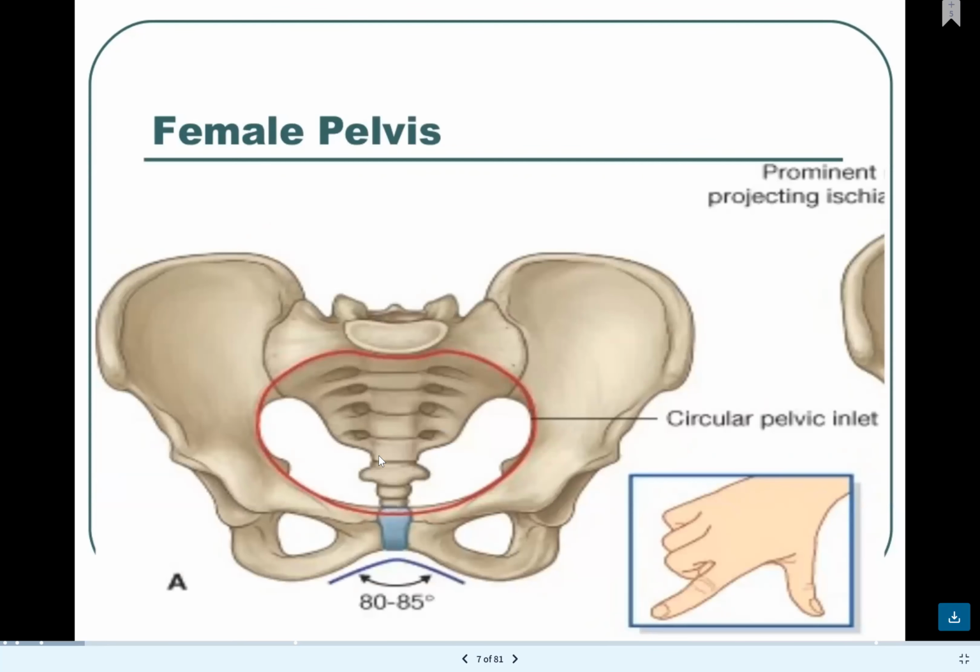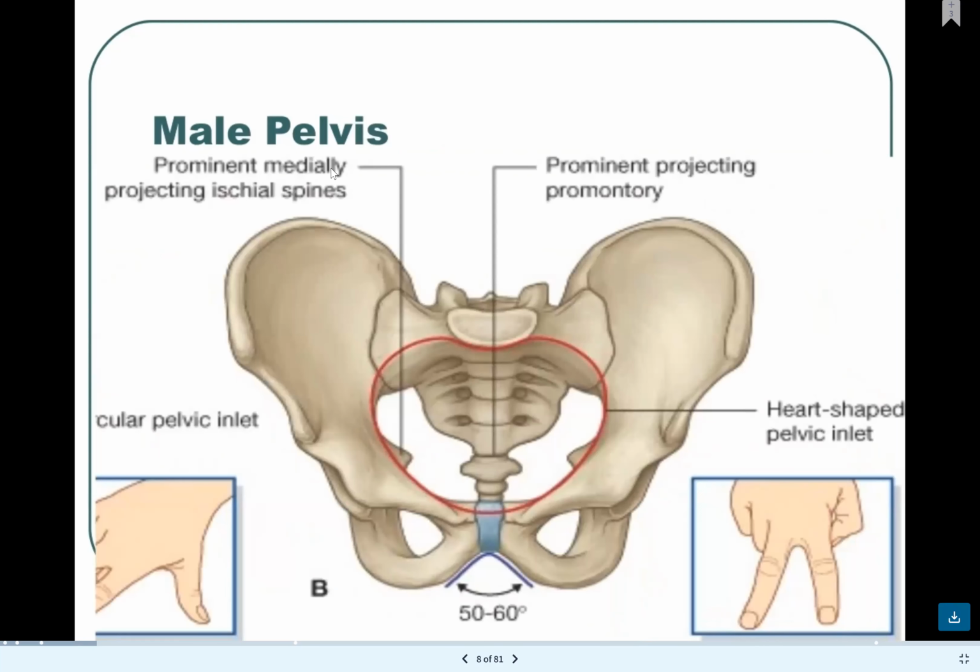You can see this is wider because inferiorly we have the pelvic outlet, which contains the vaginal orifice, and the baby will be passing here. So we need more space here to allow for that when we take the pelvic inlet.